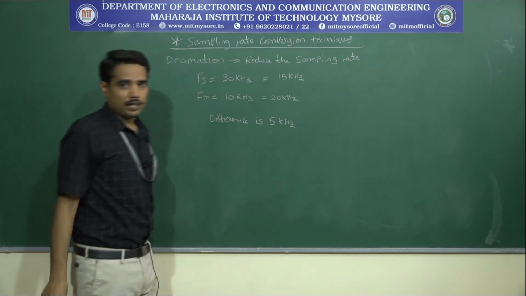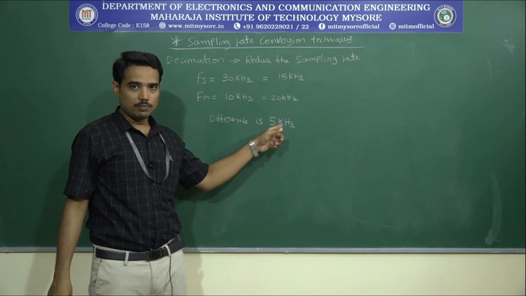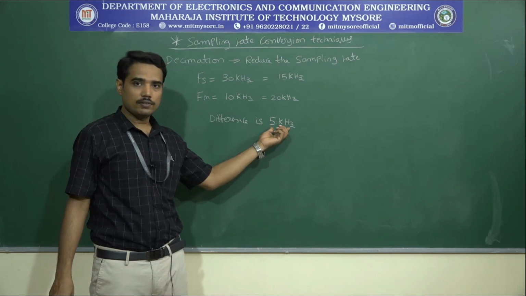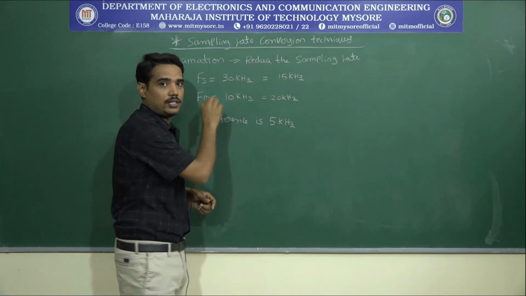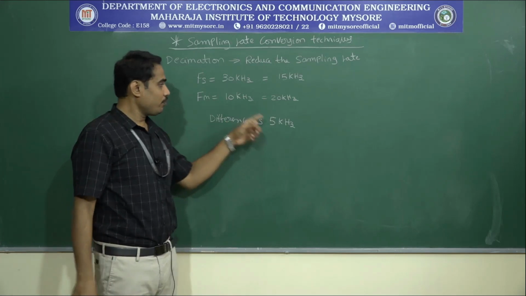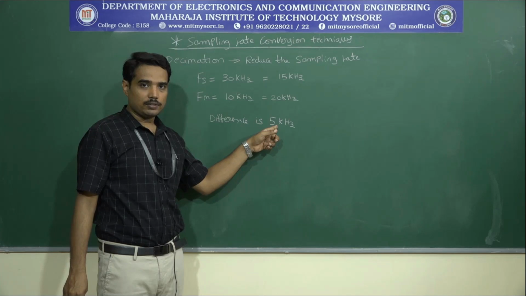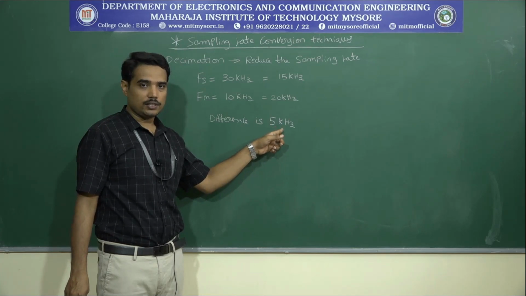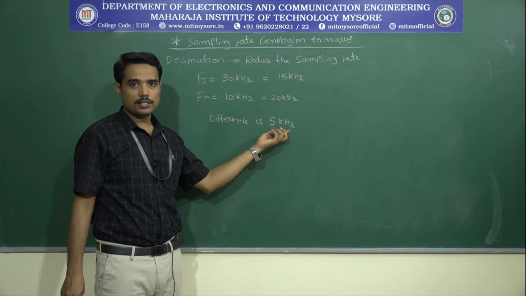That means we have to reject or attenuate or remove the 5 kilohertz excess from this frequency component. If you perform this dropping of samples from 10 to 5 kilohertz, then it is properly sampled and we have not violated the sampling theorem condition.